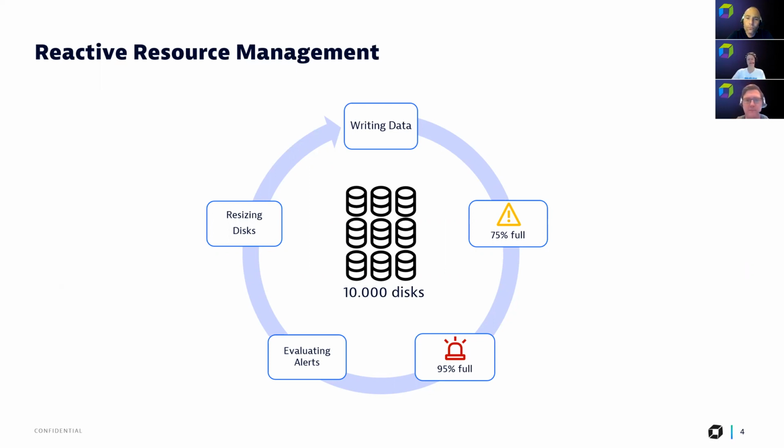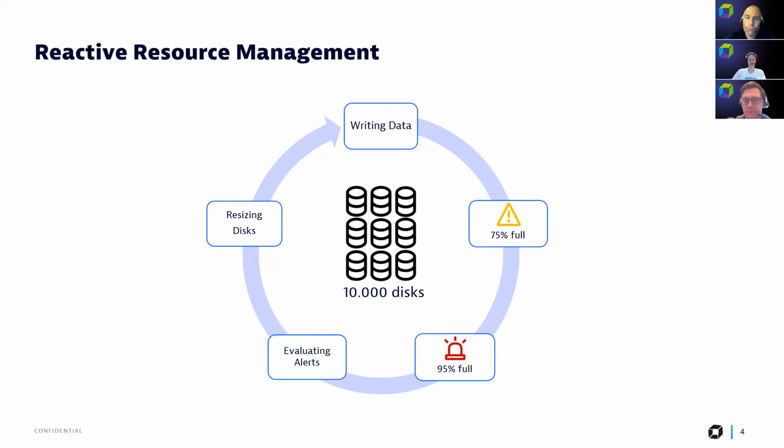And the old way, or the common way to monitor those disks is by collecting data about your resources, for example, how full your disks are. And then you can create alerts or warnings you receive when a certain threshold is exceeded. For example, you will be alerted when disks reach a capacity of 95%, for example.